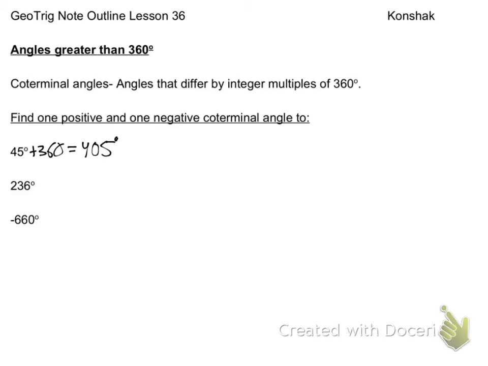But if I'm at 45 degrees, what's the easiest way to get to a negative coterminal angle? Subtract it. Take my initial angle and just subtract 360. Where would I end up then? Don't all answer at once, guys.